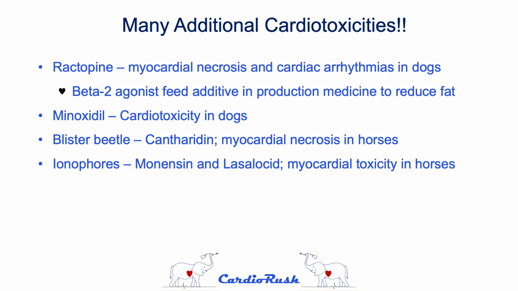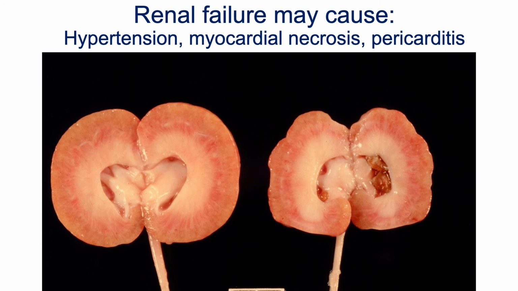There are many additional cardiotoxicities reported, including certain drugs that are cardiotoxic to certain species. Blister beetle toxicity can cause myocardial lesions in horses, and monensin can also cause a significant myocardial toxicity in horses. Certain systemic disease can cause change in the heart.